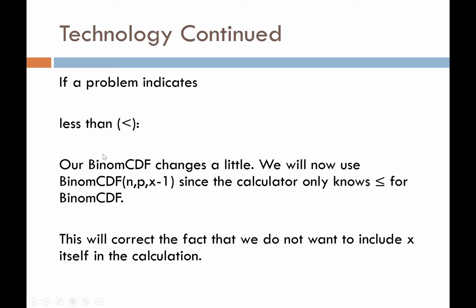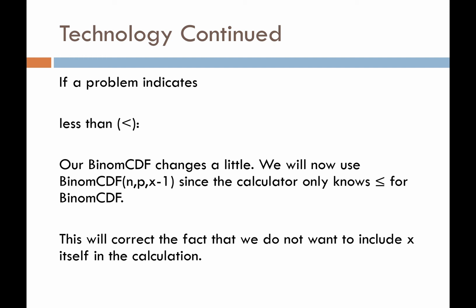If a problem indicates less than, then our binomcdf changes a little. We're going to use binomcdf, but when you put x in, you need to do x minus 1. In your head, you have to remember that if you want less than 2, for instance, then you put binomcdf with n as 4, p as 0.30, and instead of 2, you do 2 minus 1, which is 1, because the calculator will not know that you are trying to do less than. It will always do less than or equal to.